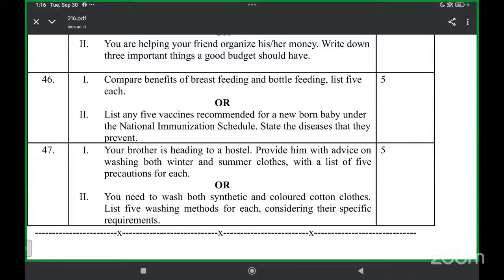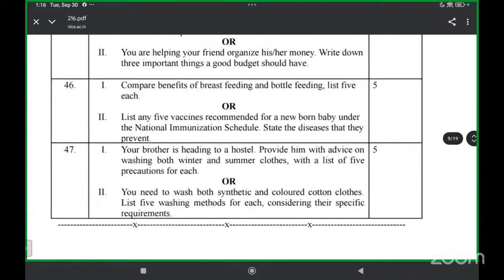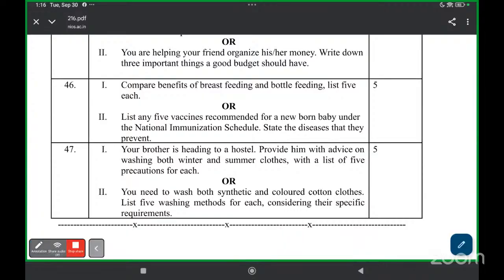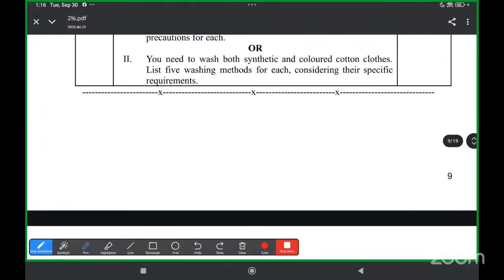Put headings. There is a trick I sometimes use. If I have an answer, I'll put the point first.